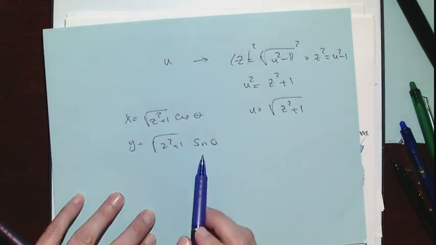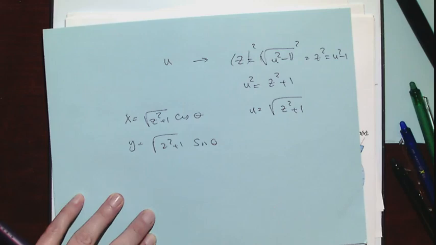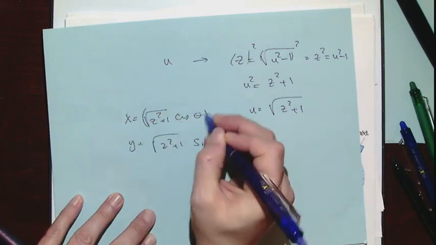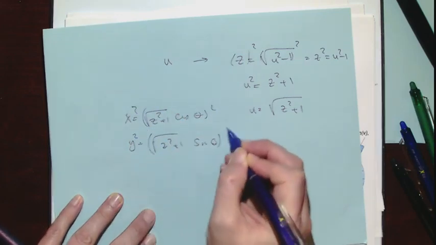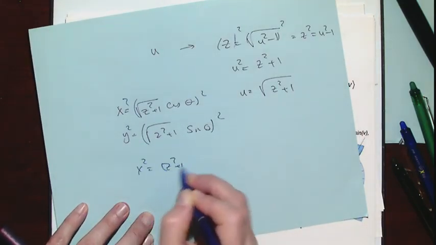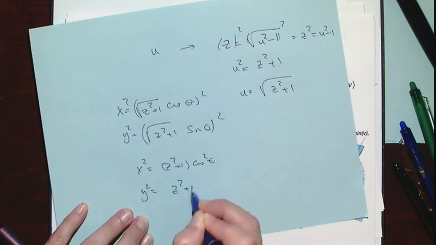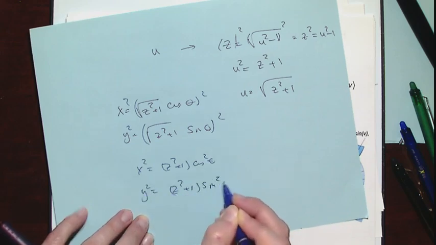How do I eliminate sine and cosine, typically? If I square, go to power 2, what do I get? Now what should I do?